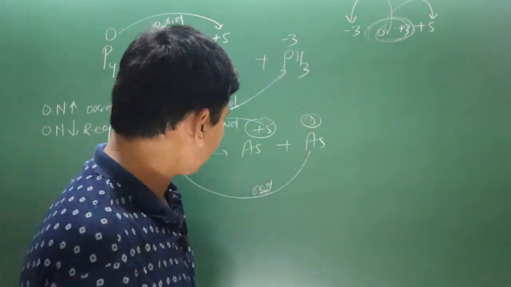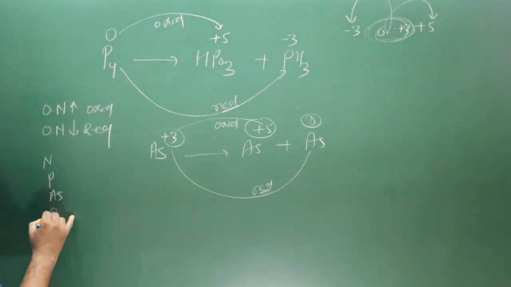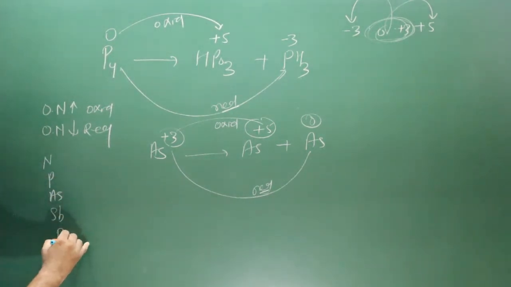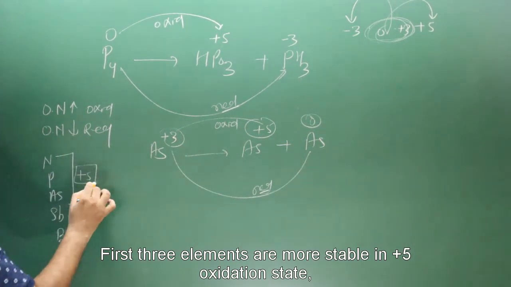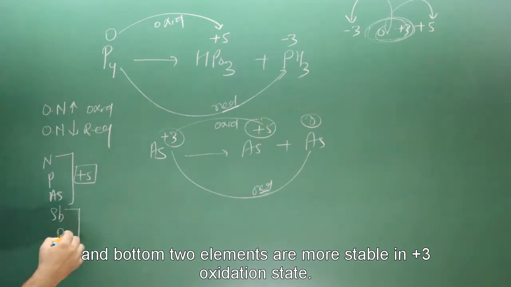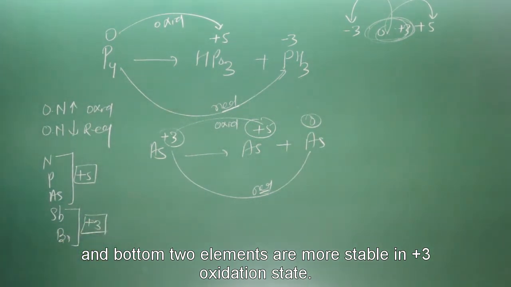You can write this sentence in your notes. For example, we have nitrogen, phosphorus, arsenic, antimony and bismuth. The first three elements are more stable in +5 oxidation state, and the bottom two, antimony and bismuth, are more stable in +3 oxidation state.